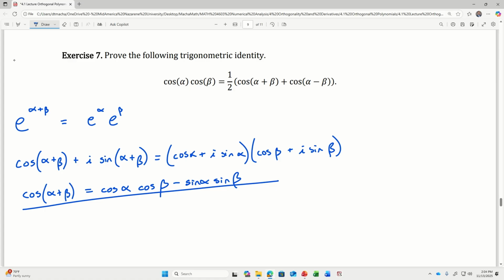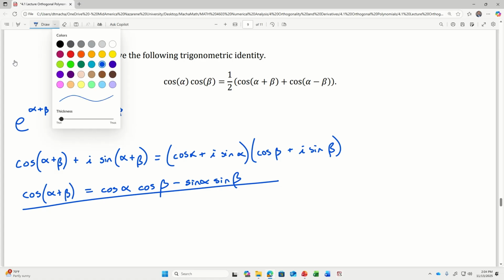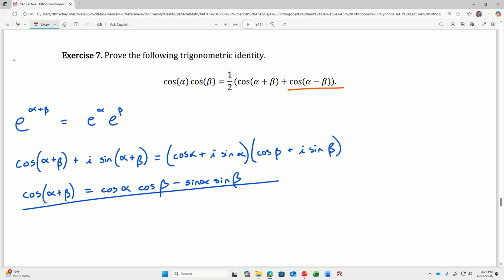And so what I'm trying to prove is this thing up here typed out. Cosine alpha cosine beta is equal to 1/2 cosine alpha plus beta plus cosine alpha minus beta. The other thing I'm going to need is cosine alpha minus beta. And I can get this if I just replace this beta with a negative beta, and we see what happens.